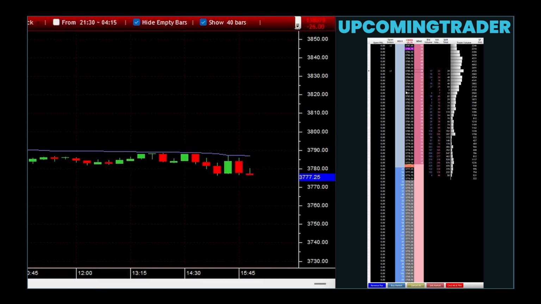The shooting star pattern, when it appears at the top of an uptrend, is often viewed as a bearish reversal signal. This pattern emerges when, during a period of upward trend, a candlestick forms with a small body near the bottom and a long upper shadow.